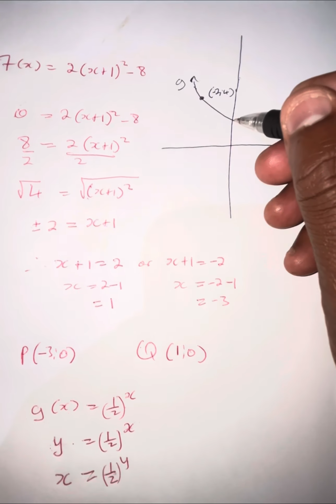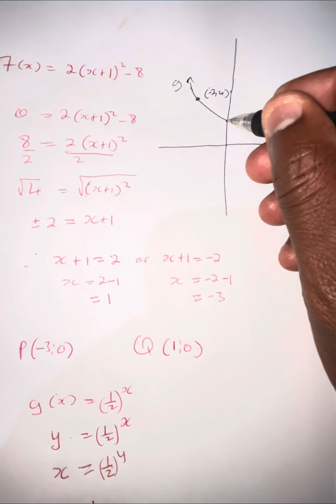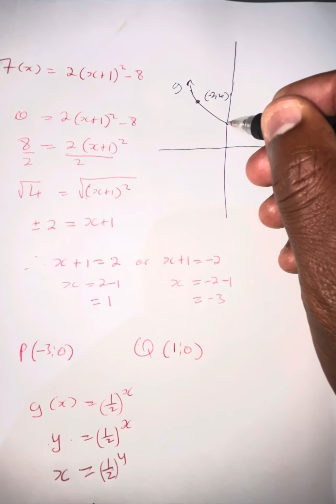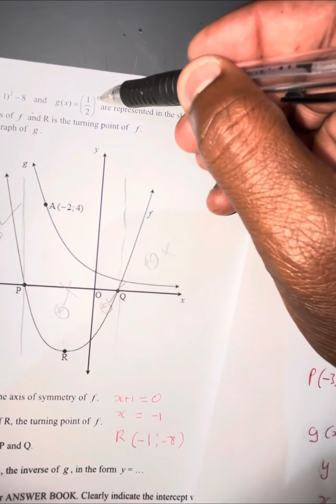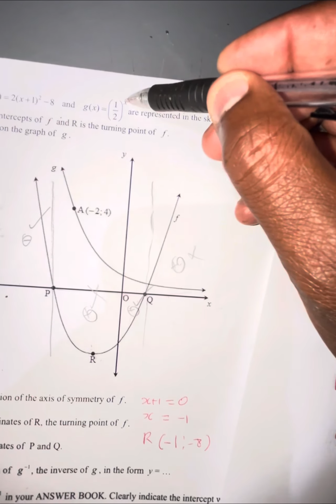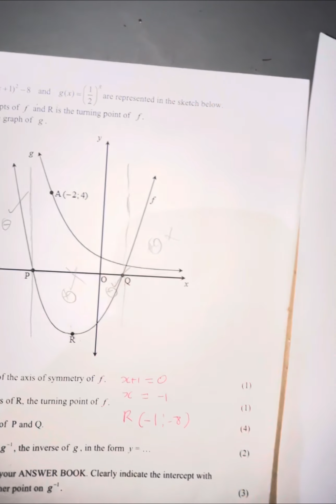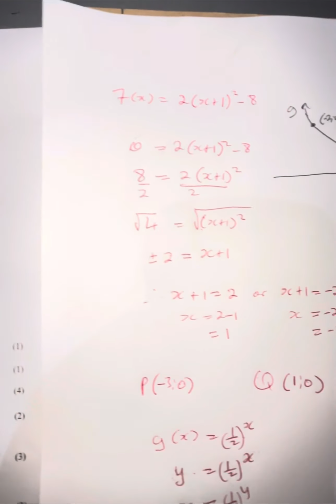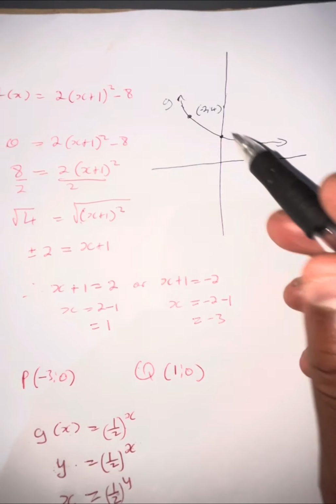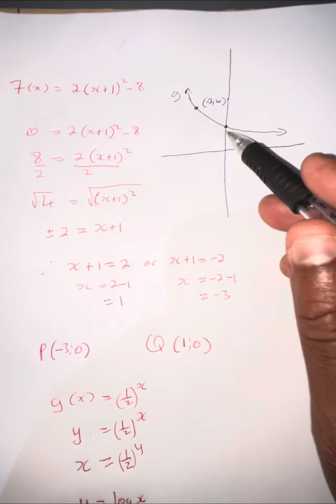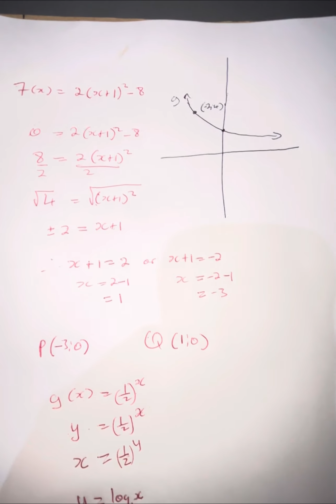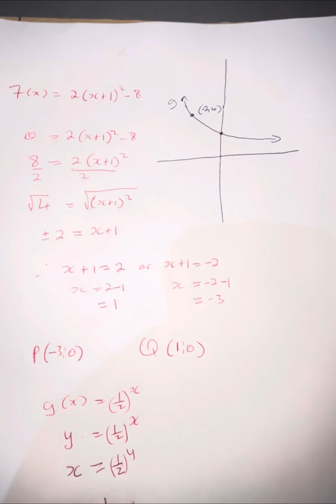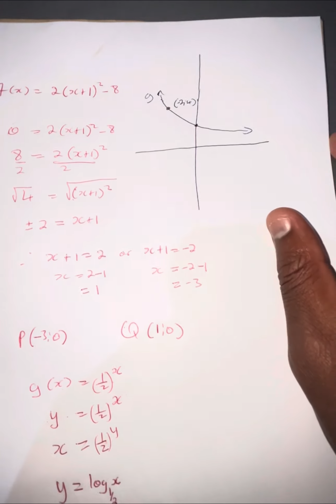The other point here, okay, it was 1 because the y-intercept. So y-intercept, whenever we replace x by 0, y will be equal to 1. So here it was 1 here. It was 1 here.